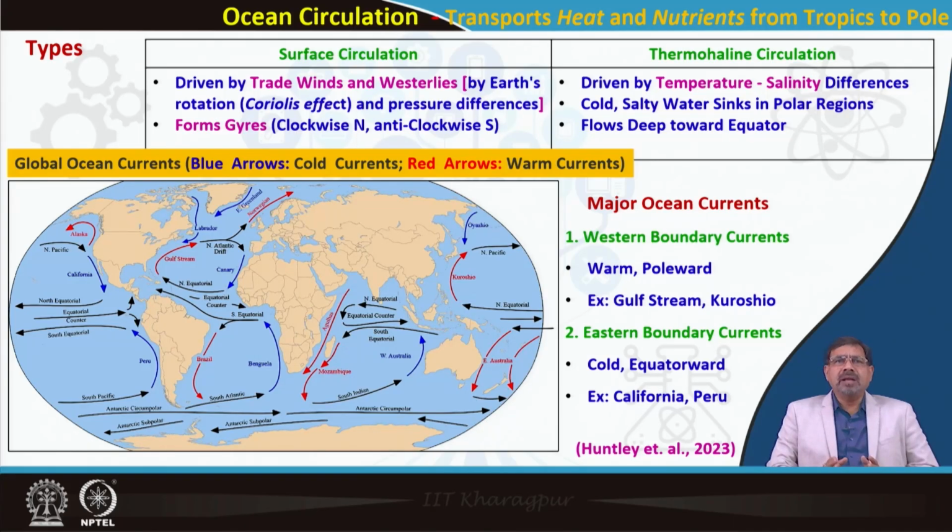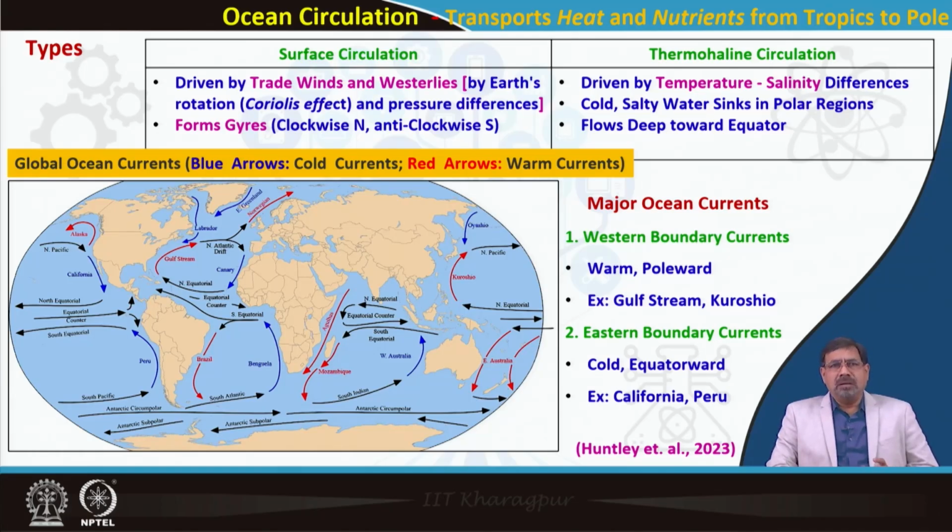This can be divided into two different types. The first one is surface and the second one is thermohaline. In terms of surface circulation, we very often come across two major phenomena, the trade winds and the westerlies. These are simply driven by Earth's rotation, which we sometimes refer to as the Coriolis effect, and by pressure differences.